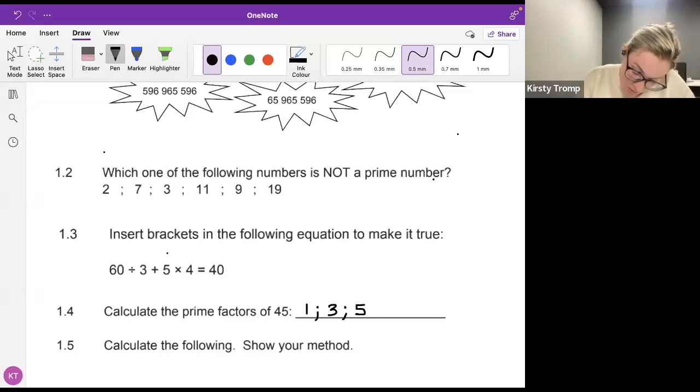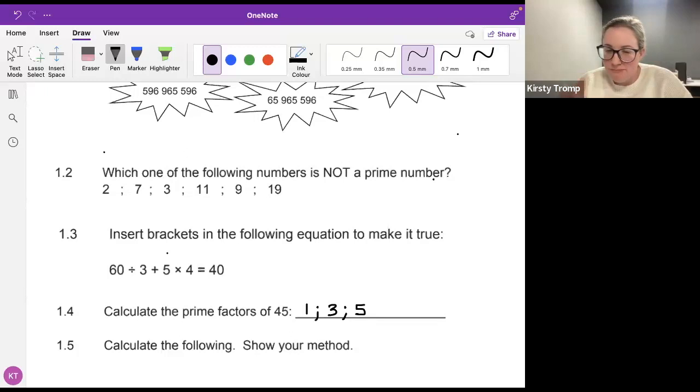Okay, so I agree with you with 1, 3, and 5 because those are definitely prime. I agree with you that 9, 15, and 45 are factors, but I don't agree with their prime factors. Let's see if somebody else agrees with me here. Well done, Sipho. I see I've got Azande. Azande, what did you get for the prime factors of 45?